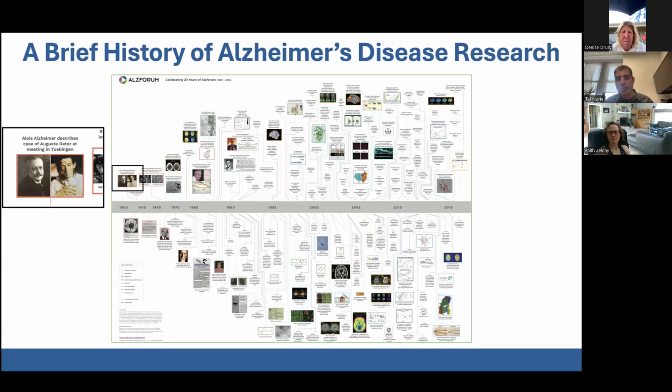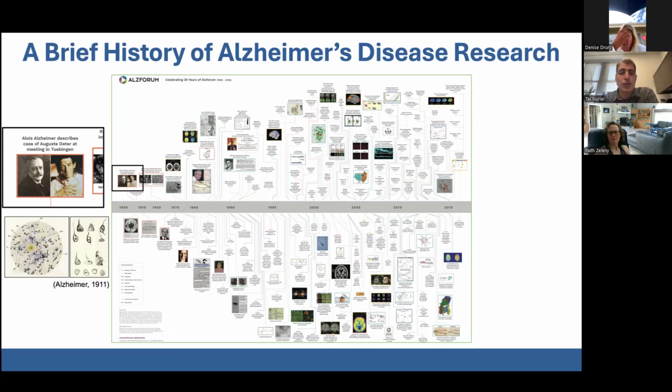The first one, maybe the most important: back in the early 1900s, a woman named Auguste Deter in Germany was having memory problems and general cognitive problems, mood problems. She went to a hospital in Germany and was seen by a doctor named Alois Alzheimer, who continued to see Miss Deter, and then eventually she passed away, and Dr. Alzheimer did the autopsy on her brain and saw for the first time, and described for the first time, two pathologies in the brain.